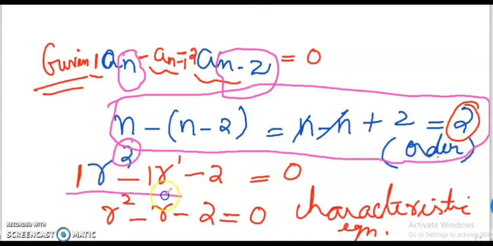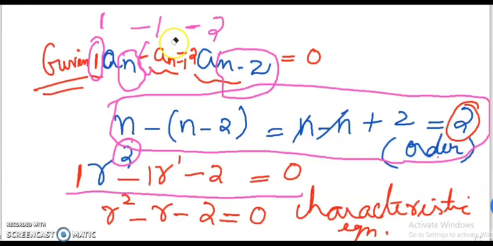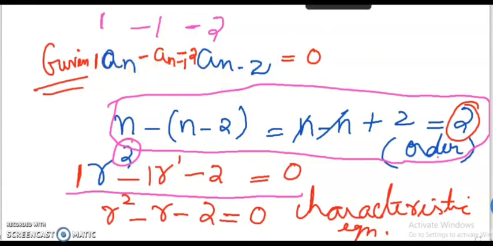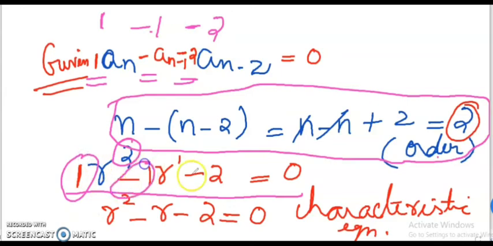We write the equation in terms of r. So you take the coefficients of the given terms: 1, minus 1, minus 2. Using these coefficients, let us form the equation. You have to write the equation in r.